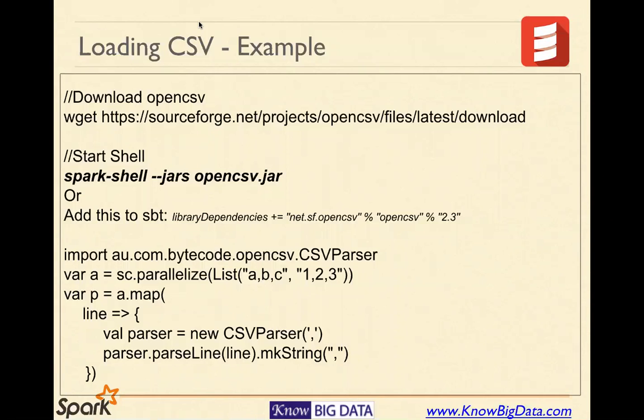But life is not all that simple. If you look at the Twitter data set project, in one of the data sets I'll show you, the data is saved in an Excel CSV format.